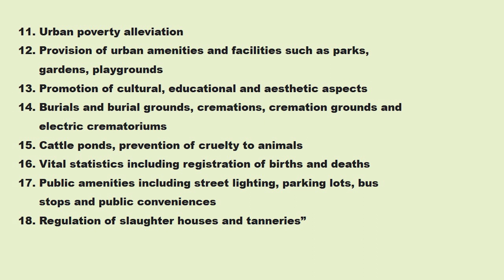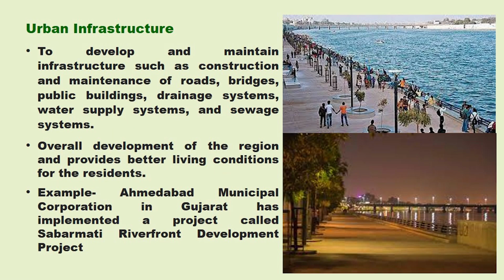So, these are the functional items which are very crucial for increasing the welfare of local people in the urban areas. Now, let us look at urban infrastructure, taking a clue from this 12th Schedule.